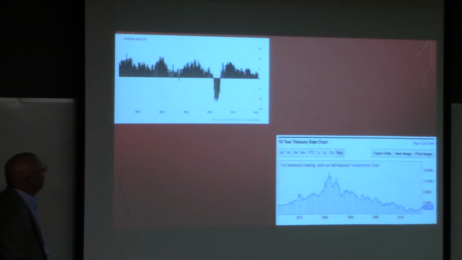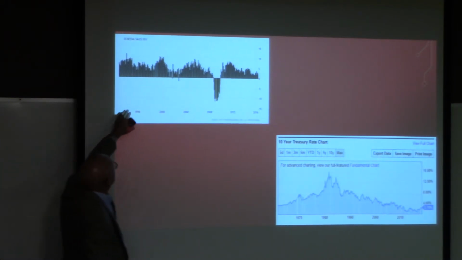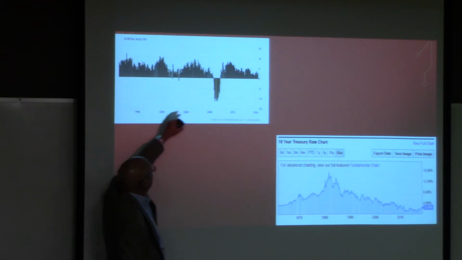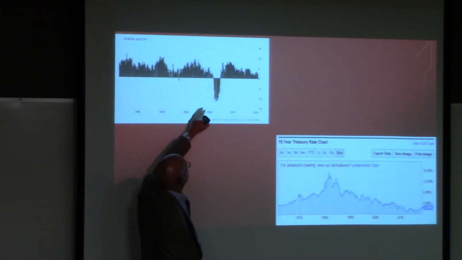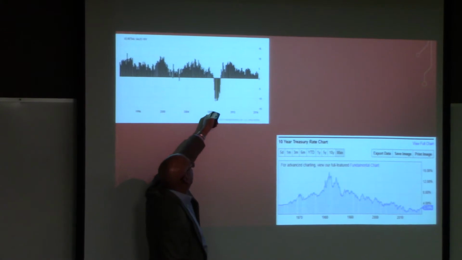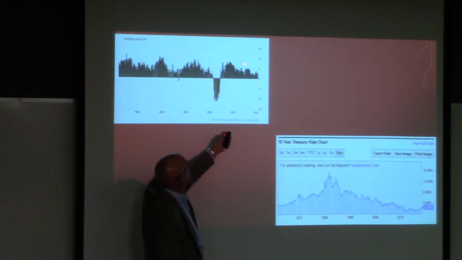All right, here's a chart of retail sales. And again, going back to the mid-90s, you can see that sales have been steady at around 5%, somewhere between 3 and 5% growth, until we hit the 2008-2009 period where retail sales just disappeared, and then they came roaring back up through here.